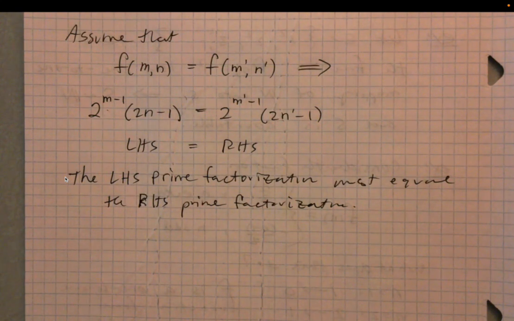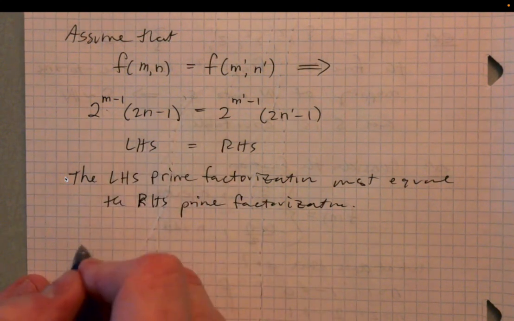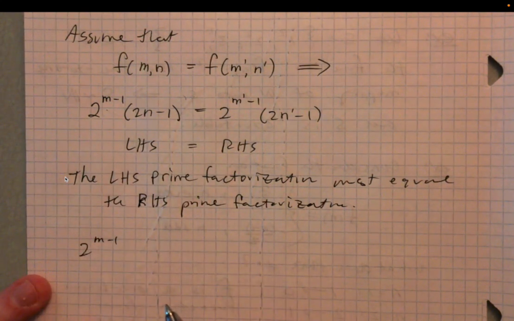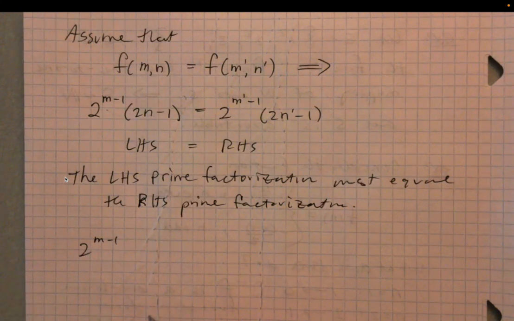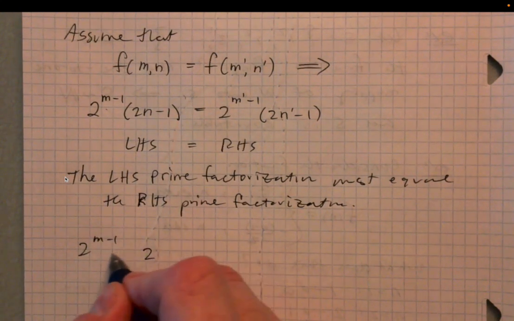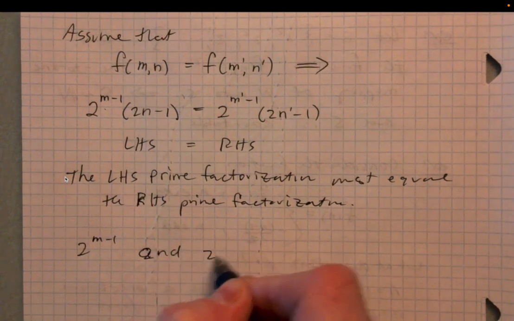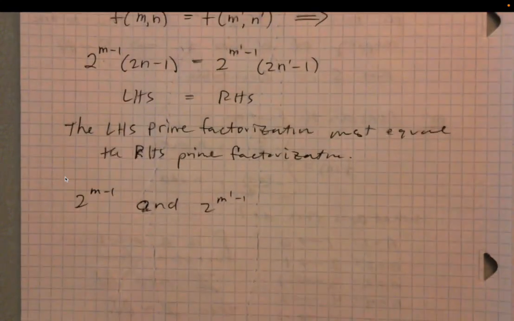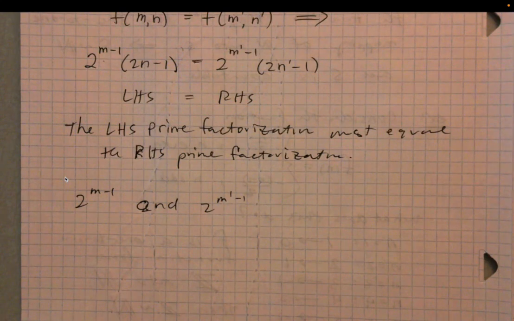Okay. So let's think about the pieces of this. You've got 2 to the m minus 1, and you've got 2 to the m prime minus 1. So these are obviously even numbers, and their prime factorization is just a power of 2. This is 2 raised to some power.